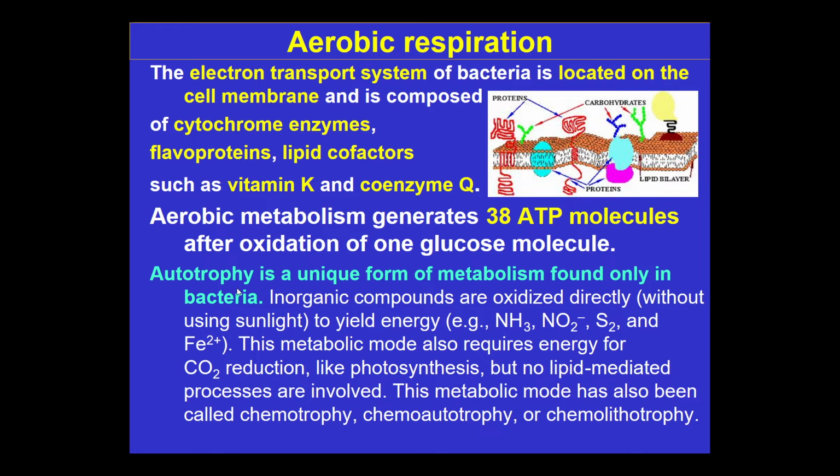Then autotrophy is a unique form of metabolism found only in bacteria, when inorganic compounds are oxidized directly, without using sunlight, to yield energy. These are ammonium, nitrate oxide, ferrum, and others.